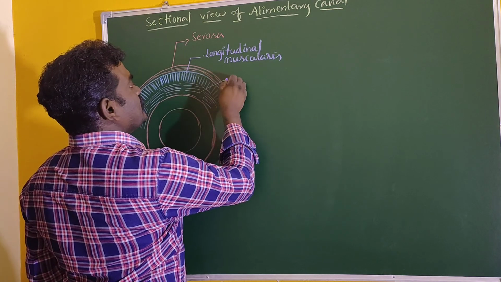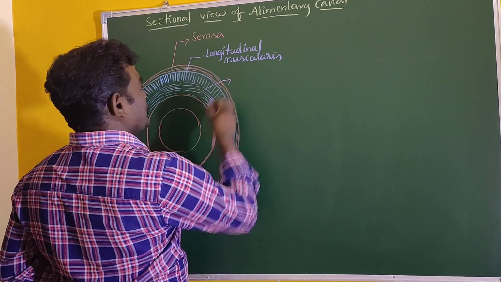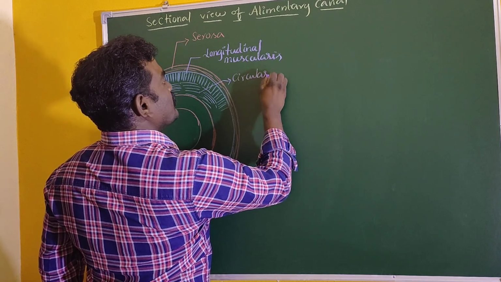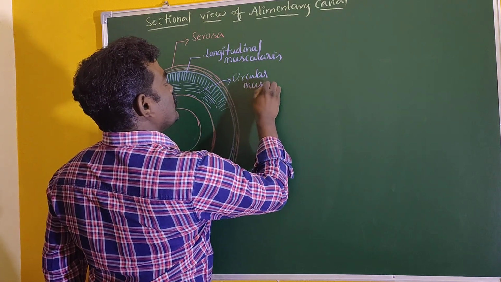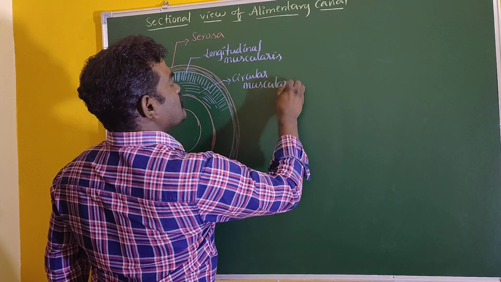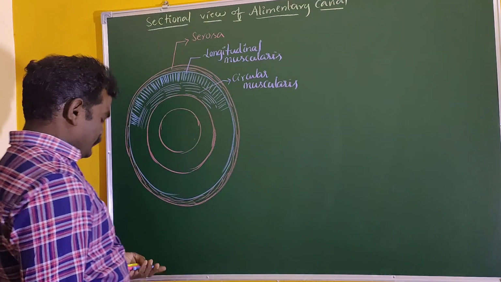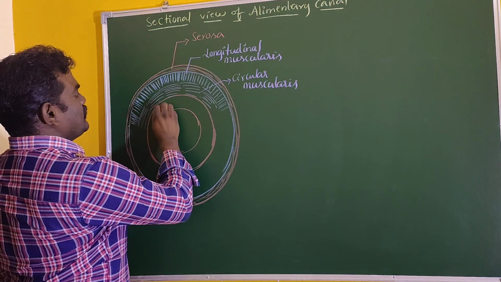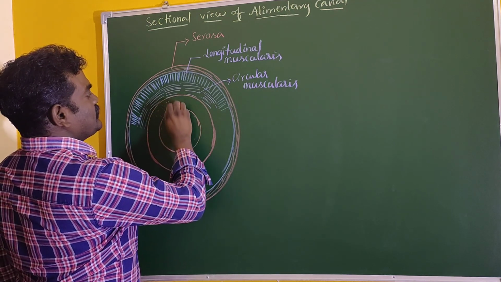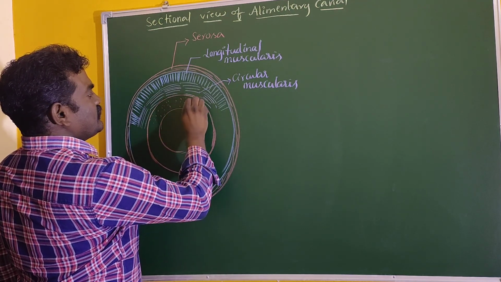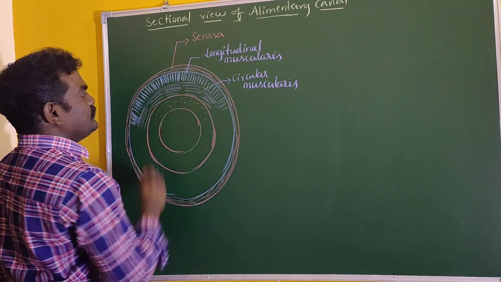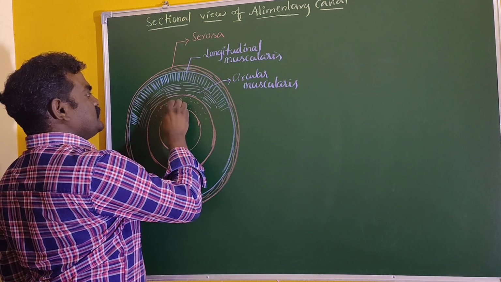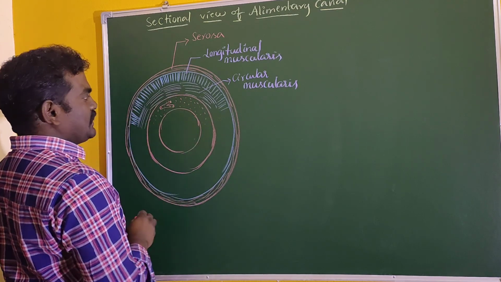Secondly, circular muscularis. And this is the third layer. This is supplied with connective tissue, and a number of capillaries are also noticed here like this.